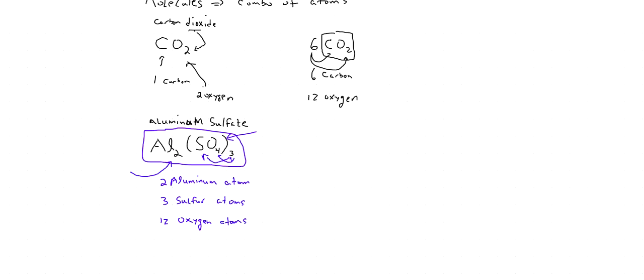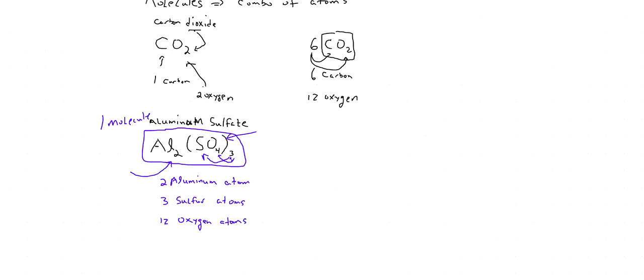So one molecule of aluminum sulfate contains 2 aluminum atoms, 3 sulfur atoms, and 12 oxygen atoms.